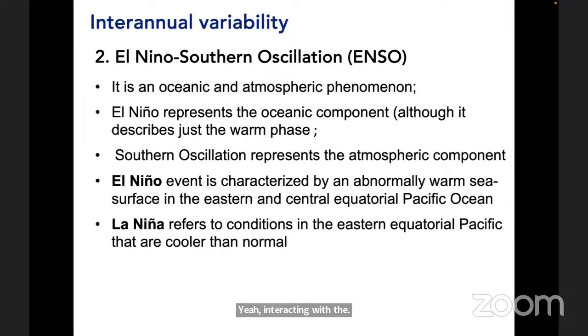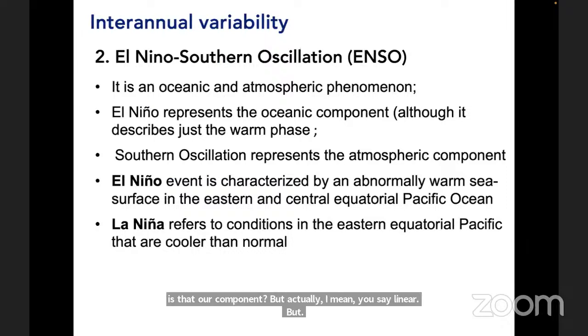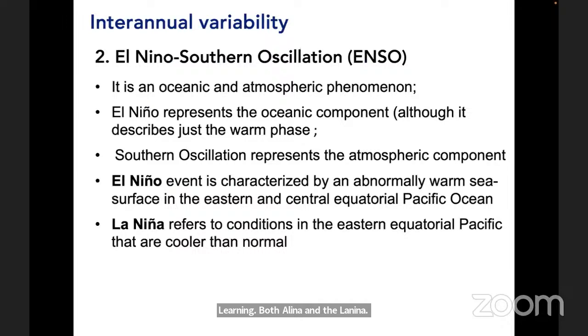One component we call El Niño. That is the ocean component. Actually, we say El Niño, but both El Niño and La Niña are the ocean component. What happens on the ocean, we'll look at later.